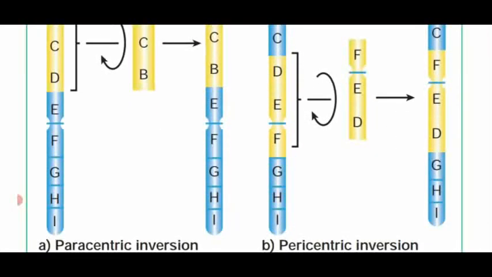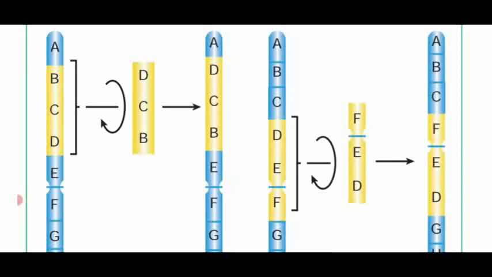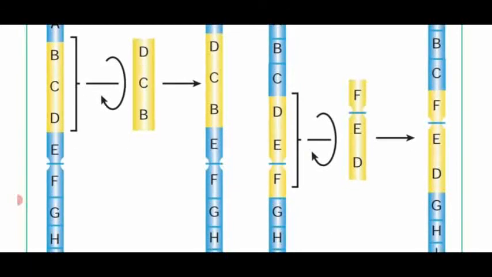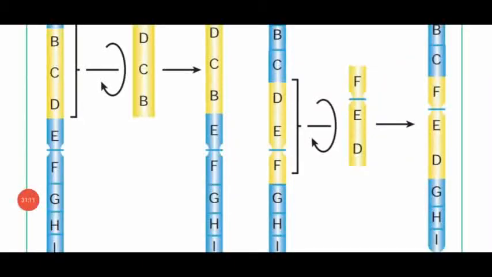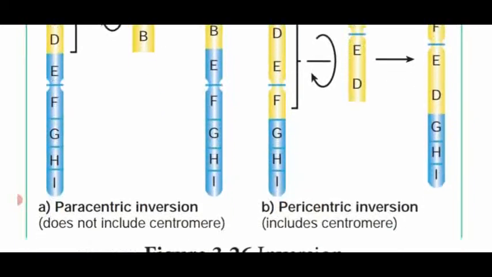First, the normal chromosome with the gene arrangement A to I. Here they have taken the sequence of three genes B, C and D. These three genes are rearranged in the same chromosome at a 180-degree angle, so the gene segment is modified into D, C and B. See the third diagram: A, D, C, B and the remaining all the same.